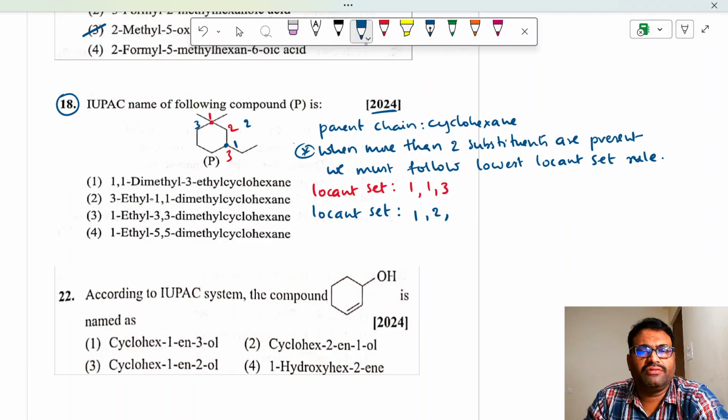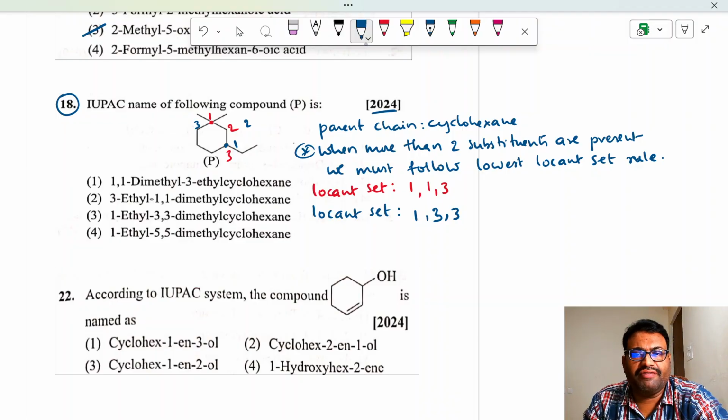Ethyl group 1. 2 nothing. 3. 1, 3, 3. This is another locant set. In two ways we have written the numbering. In one way, red color if you see 1, 1, 3. Blue color if you see 1, 3, 3.